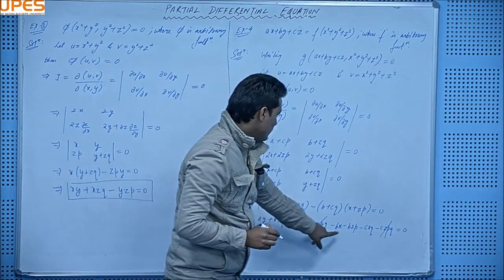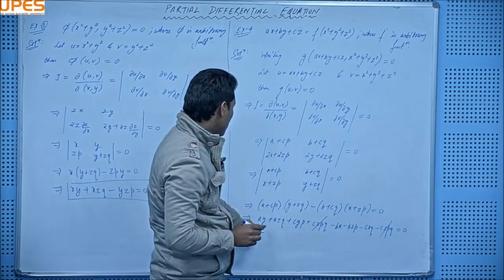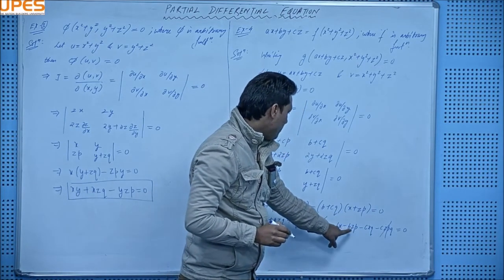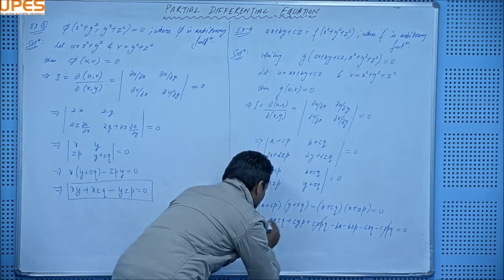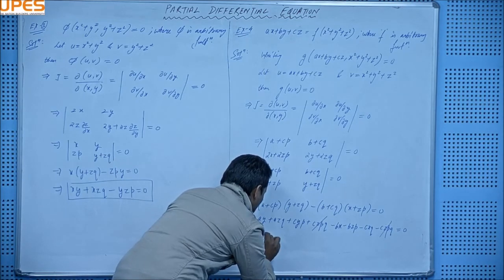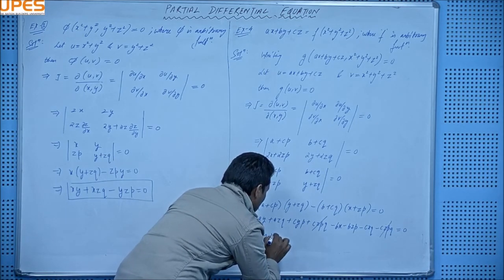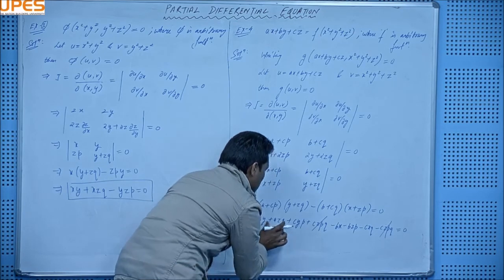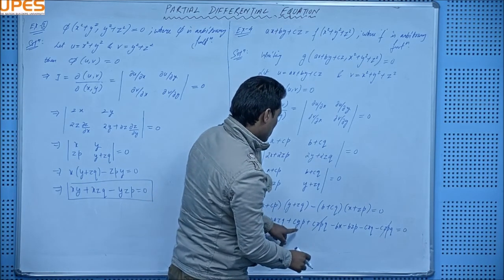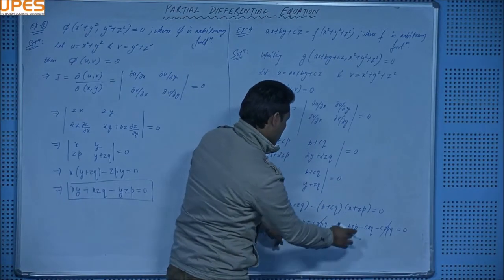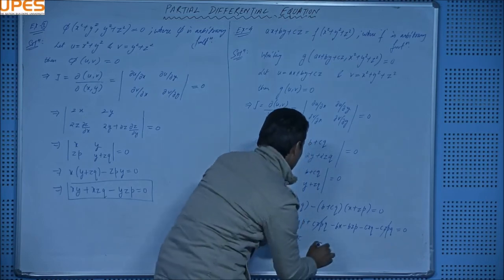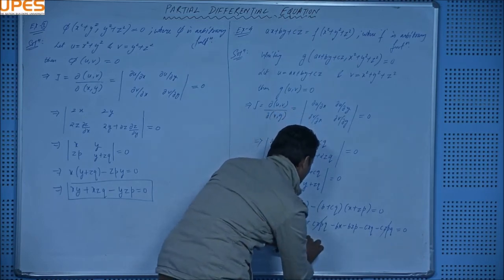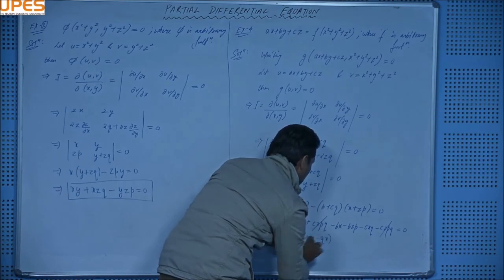We have 6 terms, 2 involving a, 2 involving b, and 2 terms involving c. So we can write it in a nice form like this. Take out a common from these 2 terms: a times (y plus qz). From the c terms, this is my c term, take out c common: c times (py minus qx).